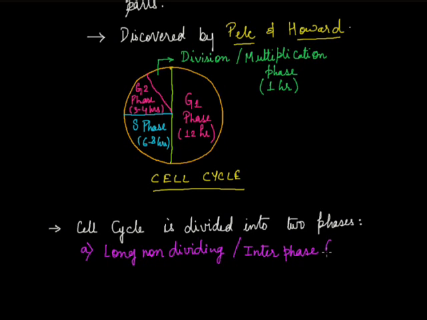It can be written in short as I discuss. Now this long non-dividing or interphase in turn comprises three phases of the cell cycle, that is G1, S and G2 phase.